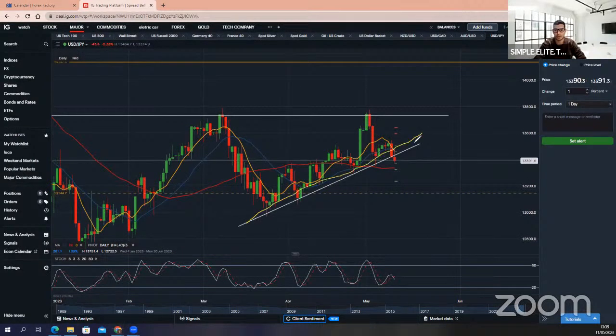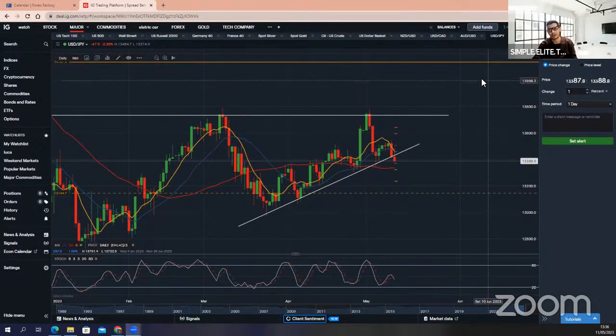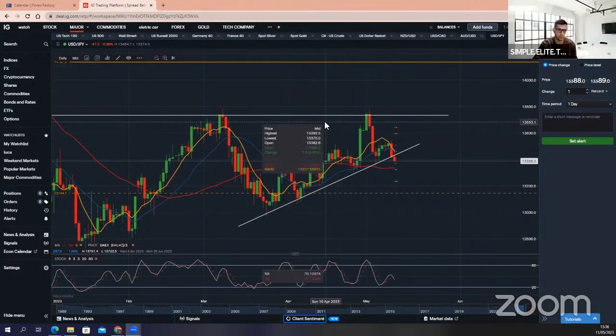This is the trend line, and price has already made a change of trend. So if price breaks this previous point, we can see a change of trend on dollar yen. So we're going to see some yen strength. This is a reversal trade, so I'm not going to touch it. If I'm going to buy dollar against the euro, I'm not going to short dollar against the yen.